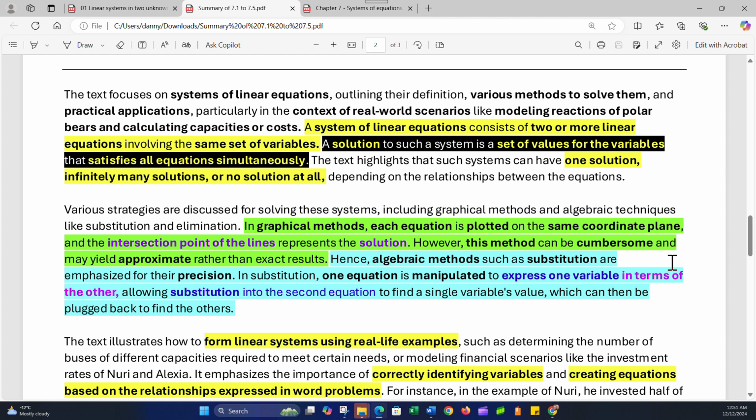So in substitution, we take one equation and manipulate it to express one variable in terms of the other. We can express x in terms of y or y in terms of x. It doesn't matter. Typically you're going to choose the easier one. You're solving for x in terms of y.